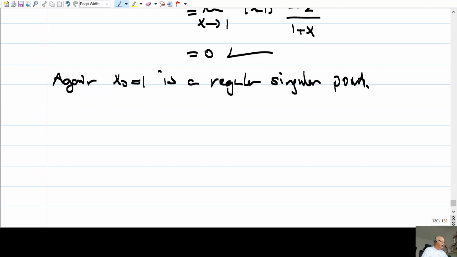And Euler's equation is easy. It's basically a constant coefficient equation after a variable change. So we will first treat, understand Euler's equation, and then we will come back to regular singular points. So let's do that.